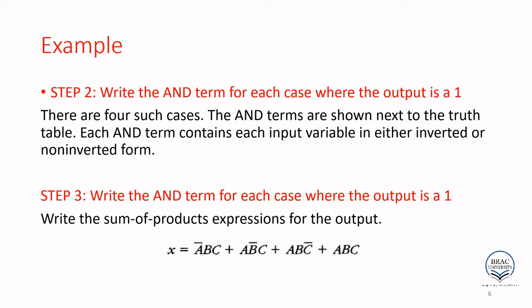Sum of products means the AND function is written with the plus sign. So the products are summed together, and another is called product of sums. We will discuss it in the next slide.